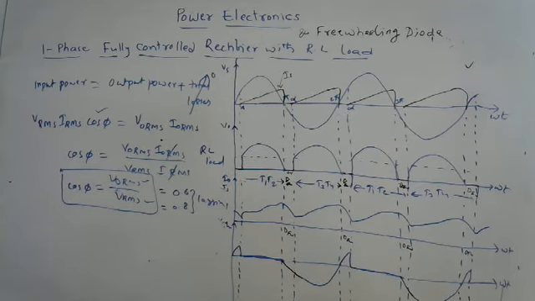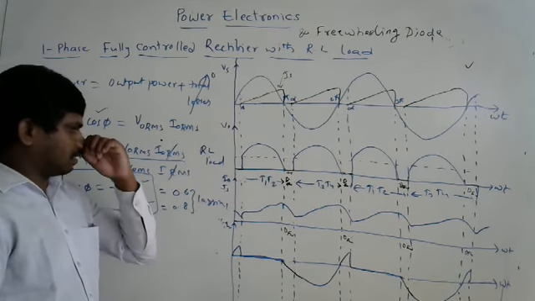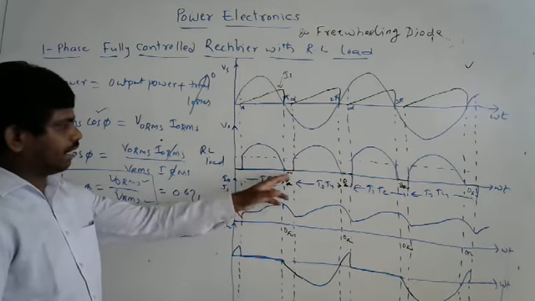Okay, and then we discuss the summary of the single phase fully controlled rectifier with the RL load and freewheeling diode. Because of the disadvantage of the RL load, we connect a freewheeling diode across the load, since the average output voltage is reduced when you connect only the RL load, because you get a negative value.